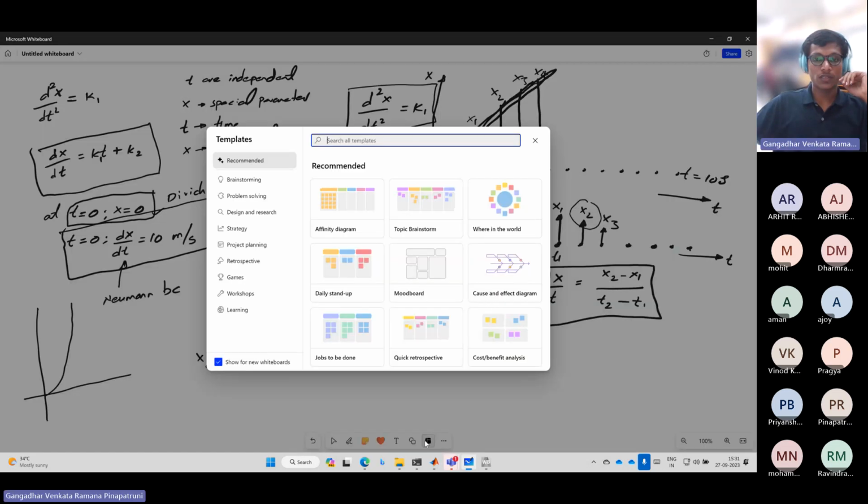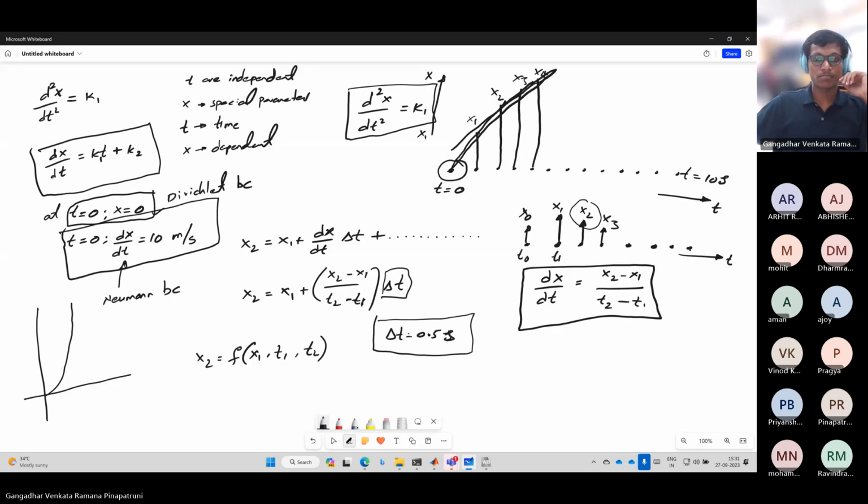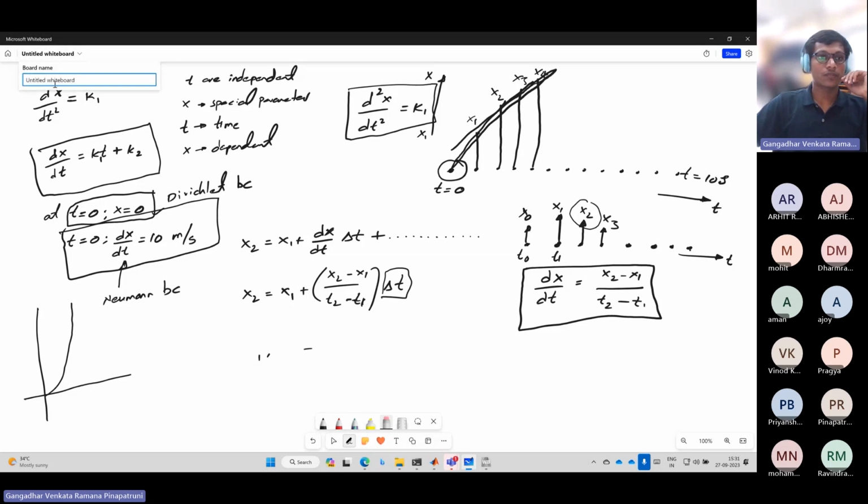Anyone knows how to erase all at once? Okay, let me take a new sheet.